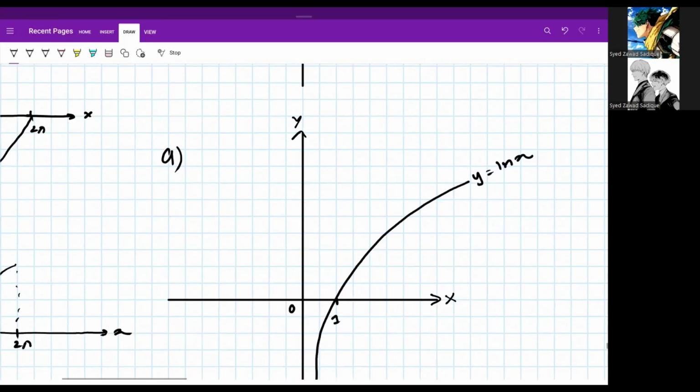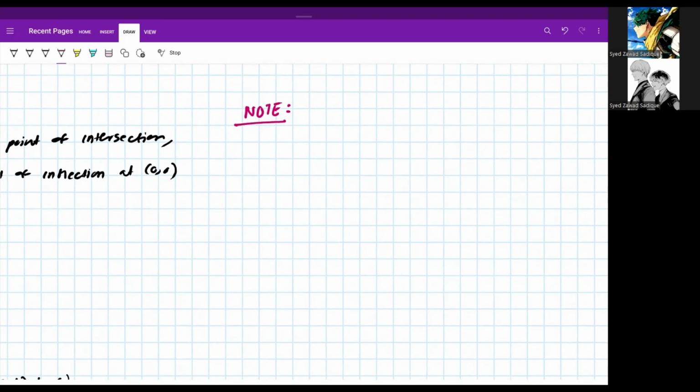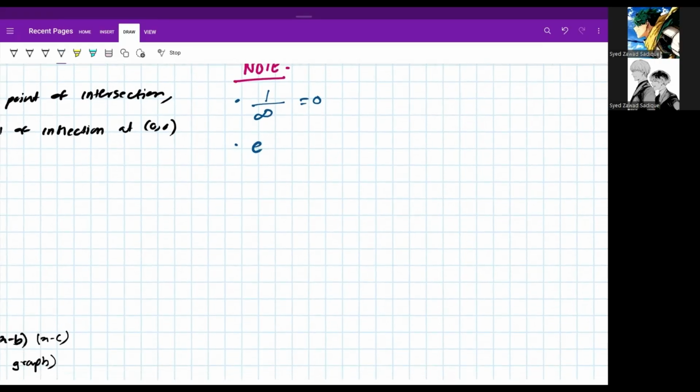Now, extra things that I'd like to add are a few things to note from me. 1 by infinity is equal to 0. E to the power minus infinity, which is 1 by e to the power infinity, is equal to 0.